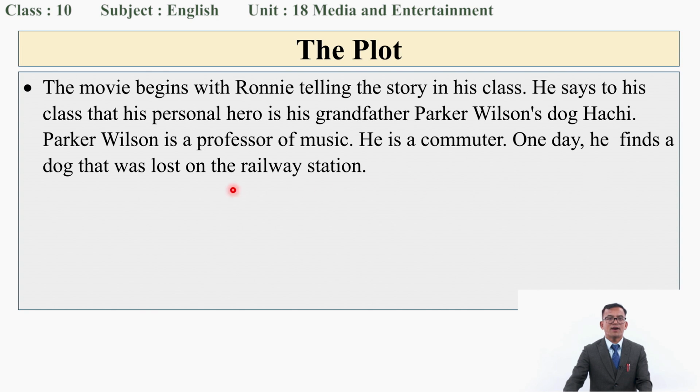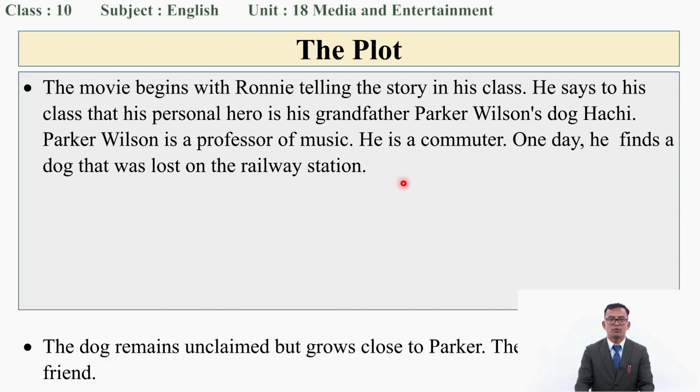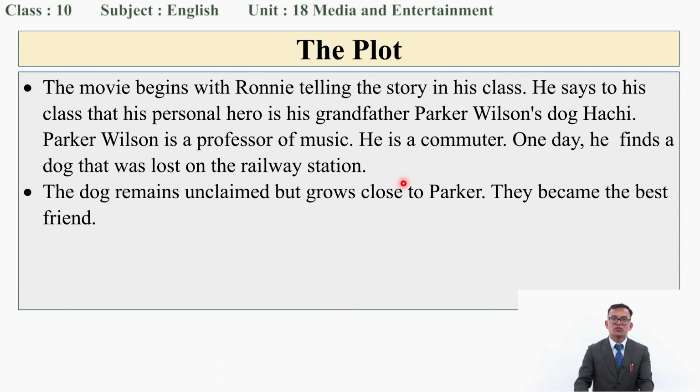One day he finds a dog that was lost at the railway station. He found a lost dog in a railway station, and the dog remains unclaimed but grows close to Parker. So they became best friends. Hachi is the name of the dog.